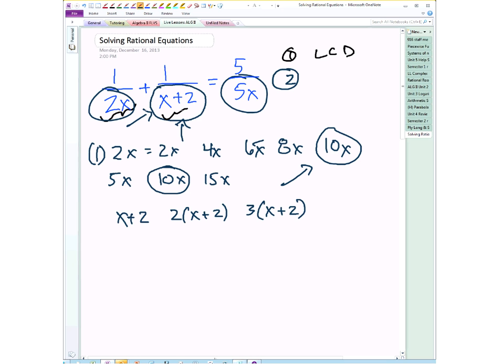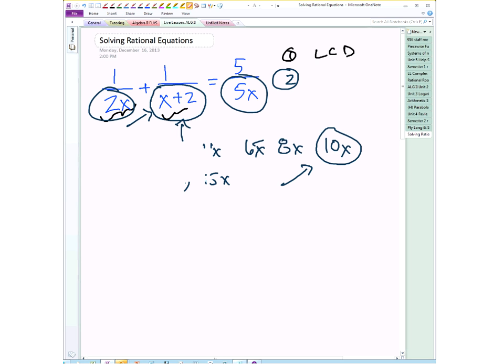So step 2, after I find the LCD, I'm going to have to multiply all of my terms by whatever they don't have. In other words, this first term, 1 over 2x. My common denominator, I said, is 10x times x plus 2. So what do I have to multiply this 2x by to get my common denominator?